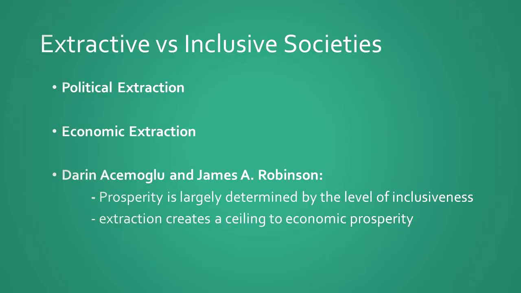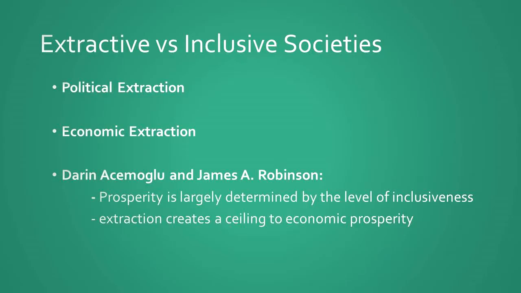And Acemoglu and Robinson make quite a strong claim that the prosperity of a society, of a state, is largely determined nowadays by the level of inclusiveness of the society. So to what extent is the entire population taken into account when taking political decisions? They say extractive, more repressive states may very well exist, but there is a ceiling to economic prosperity in that particular political model.